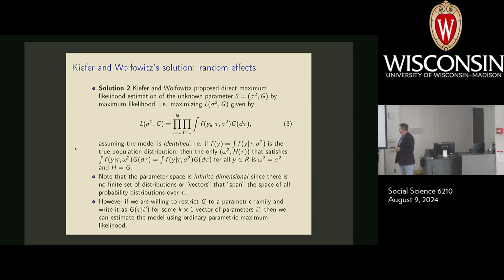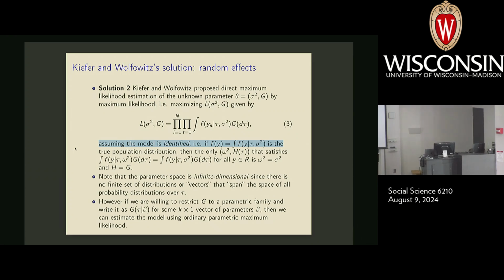Now, they prove that that is consistent, but it has to be identified. So you have to assume the model is identified, which means you have to show that if you can explain the same distribution of y two different ways, say with h and omega, and the truth is sigma and g, then you have to conclude that there's only one solution: h has to equal g and omega has to equal sigma.